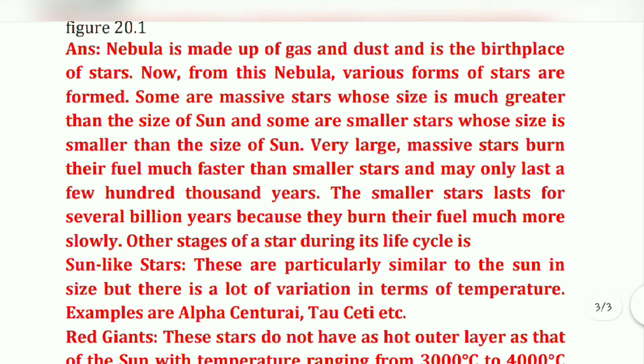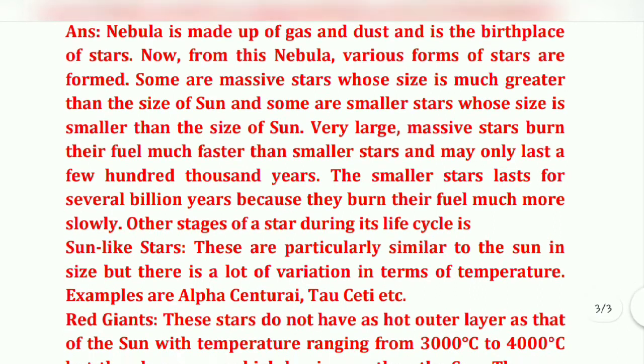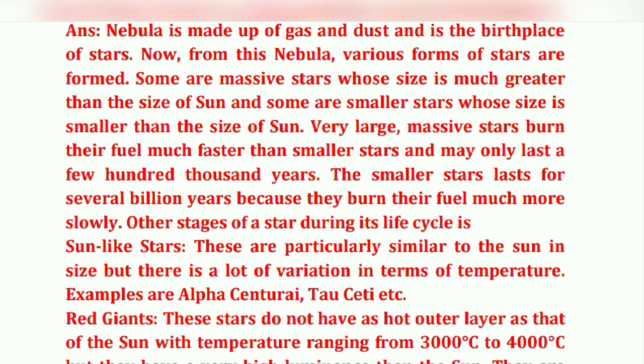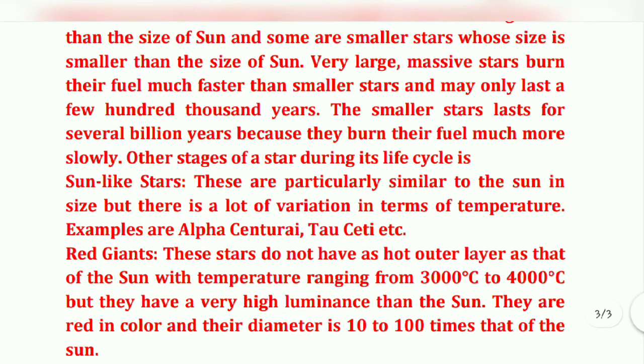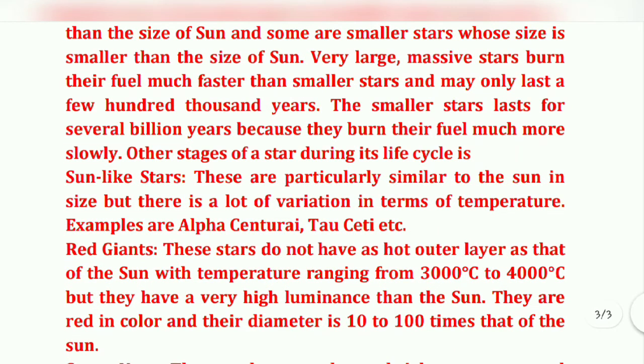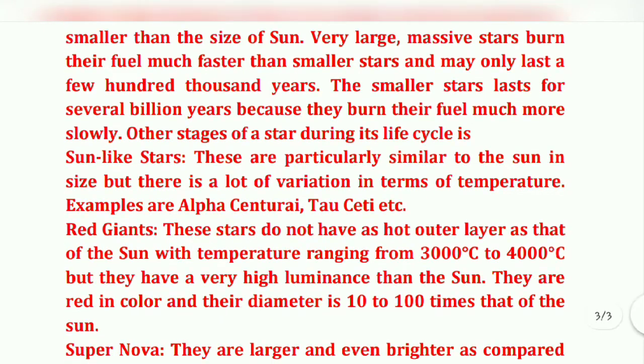Very large massive stars burn their fuel much faster than smaller stars, and may only last a few 100,000 years. The smaller stars last for several billion years because they burn their fuel much more slowly. Other stages of a star during its life cycle are sun-like stars and red giant stars. Sun-like stars are particularly similar to the sun in size, but there is a lot of variation in terms of temperature.